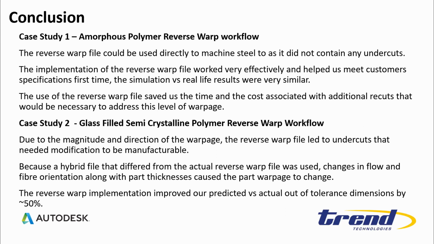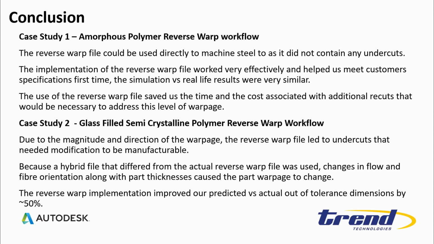The second case study for the semi-crystalline glass fill polymer. Due to the magnitude and direction of warpage, the reverse file led to undercuts which needed modification to be manufacturable. Because we had to use this hybrid file, the actual reverse warp file differed from the hybrid warp file warpage.